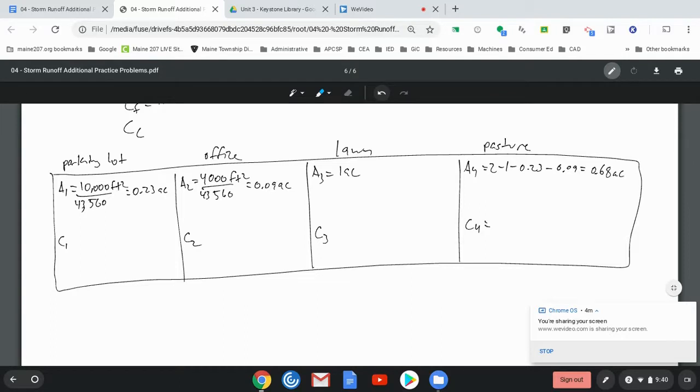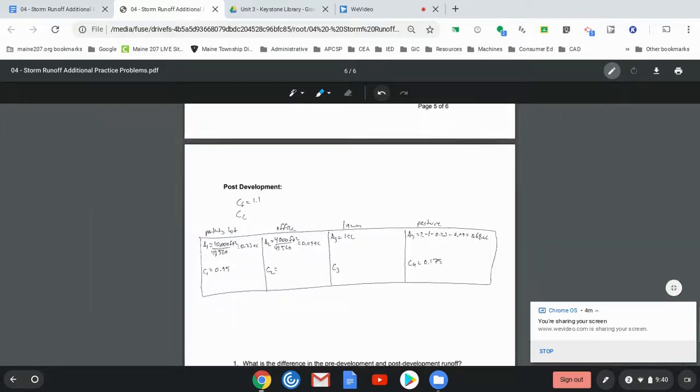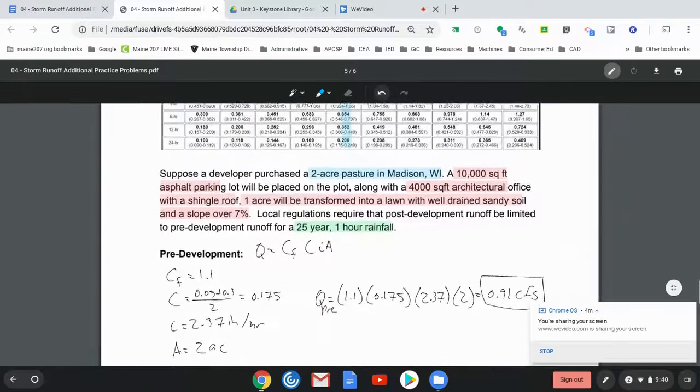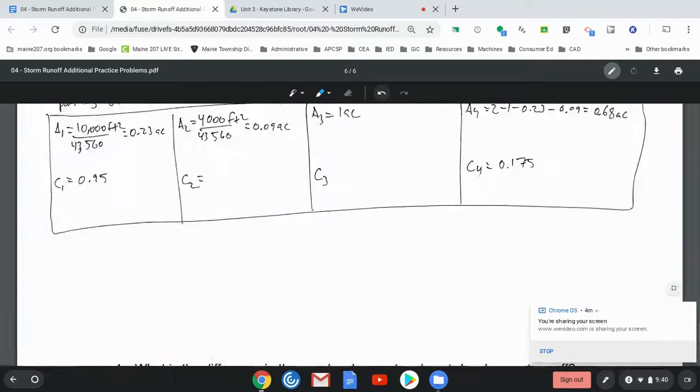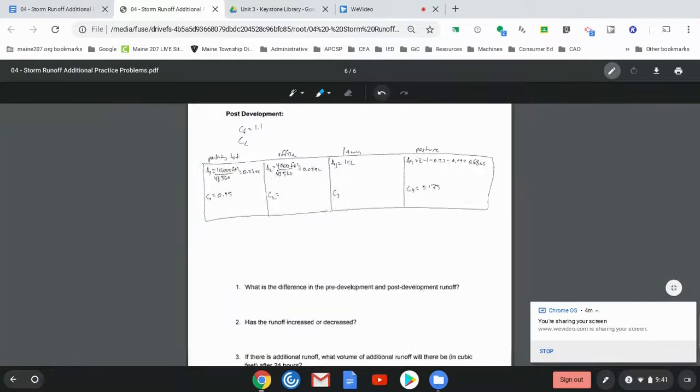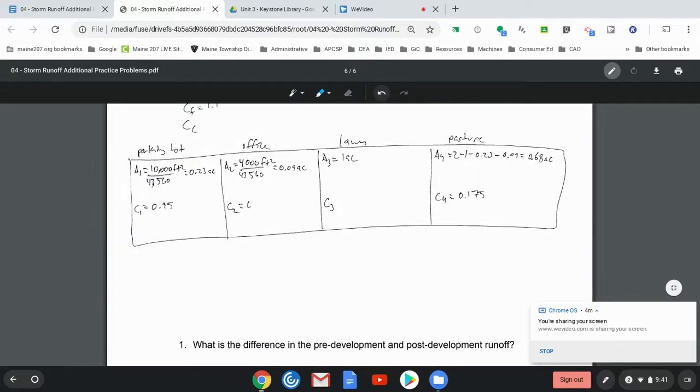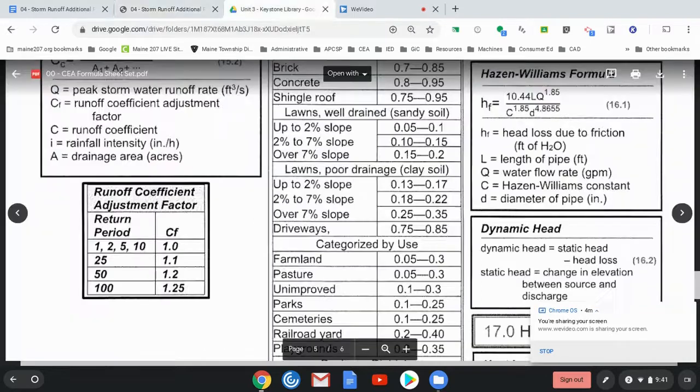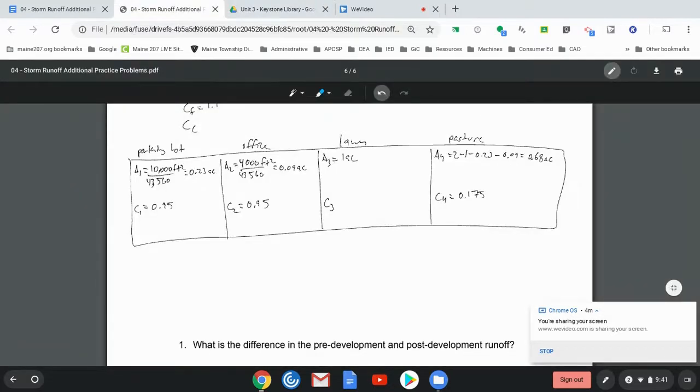We're going to use the same runoff coefficient, 0.175. Asphalt parking lot, 0.95. Office, it was a shingle roof, I believe. Let's just double check that. Yep, shingle roof. We've done that before. 0.95. If you don't remember, you can go back to the sheet here. But then what we do need to go to is the lawn.